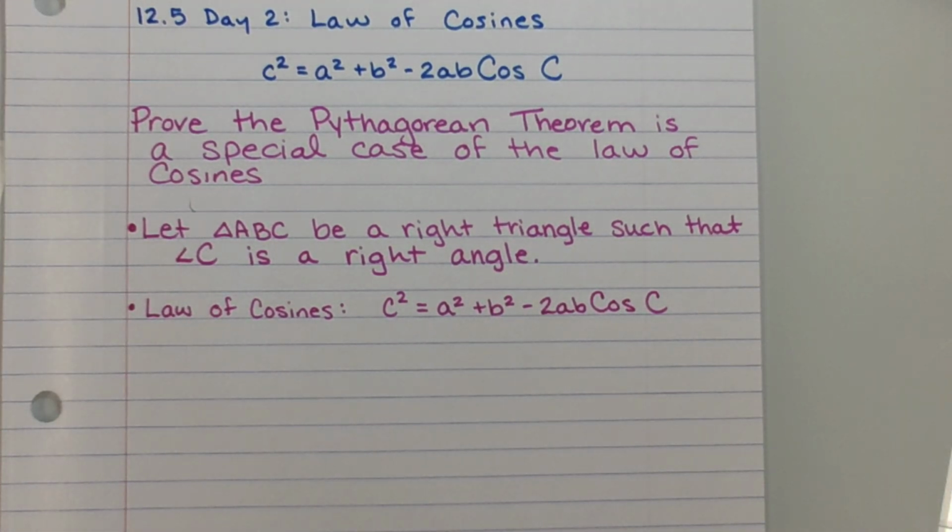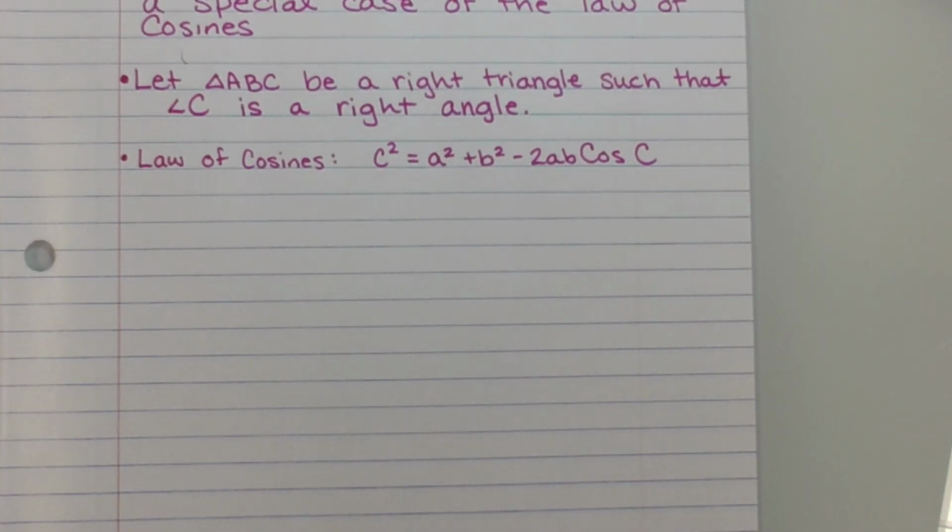Ta-da, I wrote out the law of cosines. Now, I can start simplifying this because I know something. I know what my triangle ABC looks like. It looks like a right triangle such that angle C is a right angle.